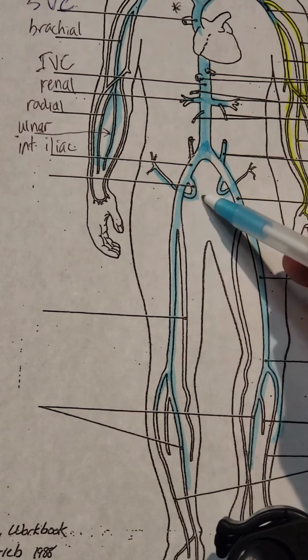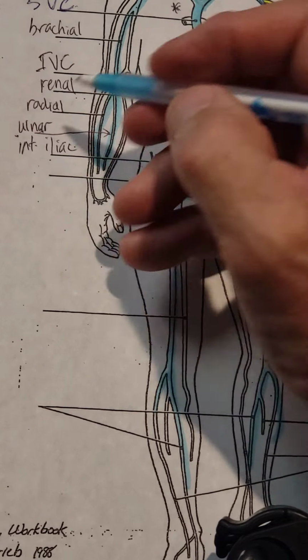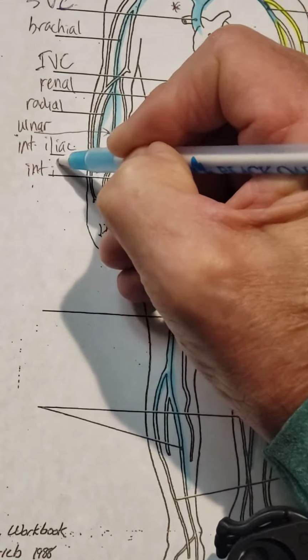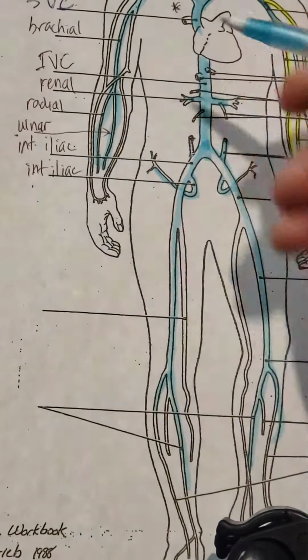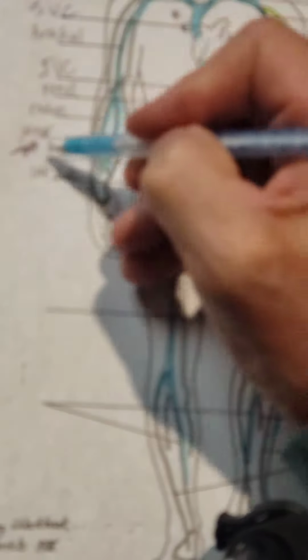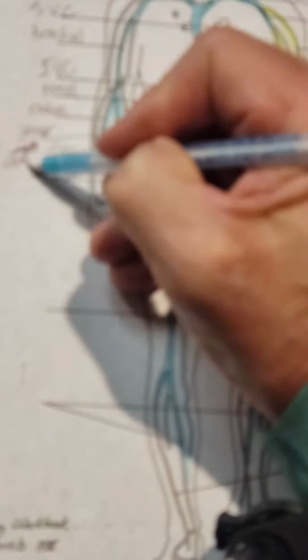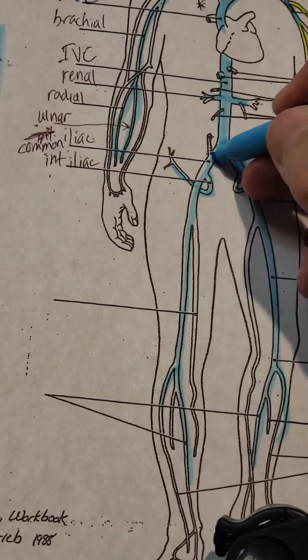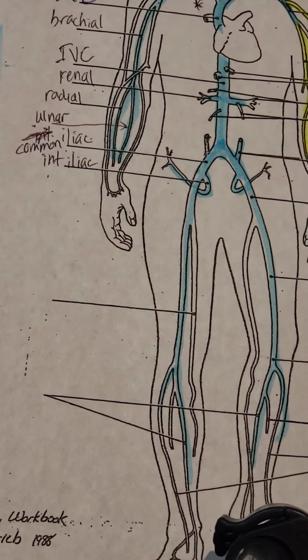The ones going to the inside here are the internal iliac. I messed that up for you guys. These are the right and left common iliac. Hopefully without having to make the whole video over again, we get that fixed. Give you a second to erase your marks if you have to.